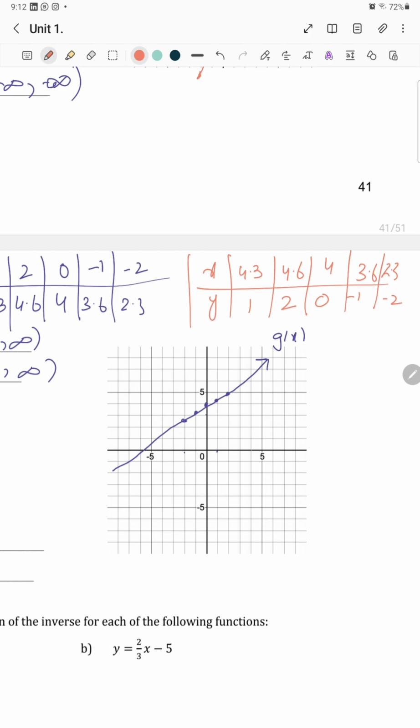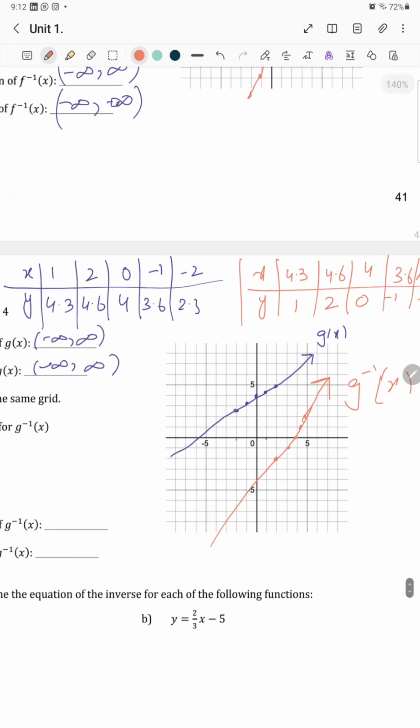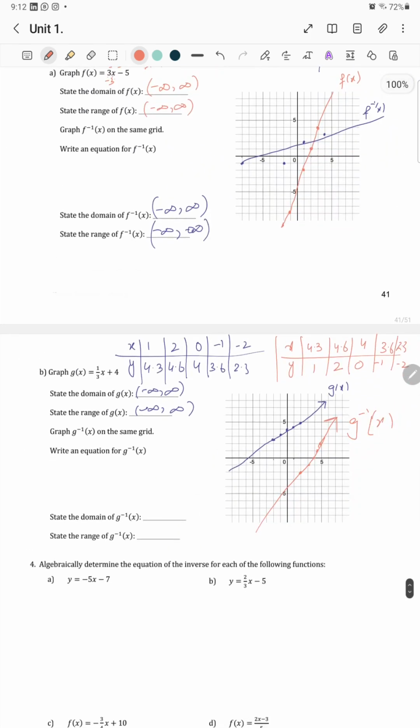So 4.3 and 1, 4.6 and 2, 4 and 0, 3.6 and negative 1, 2.3 and negative 2. This would be something like this. So the domain and the range.